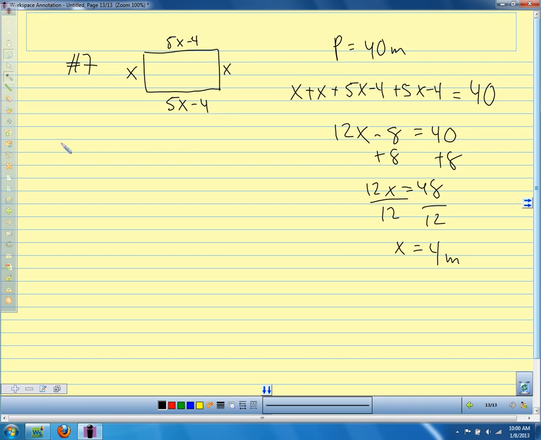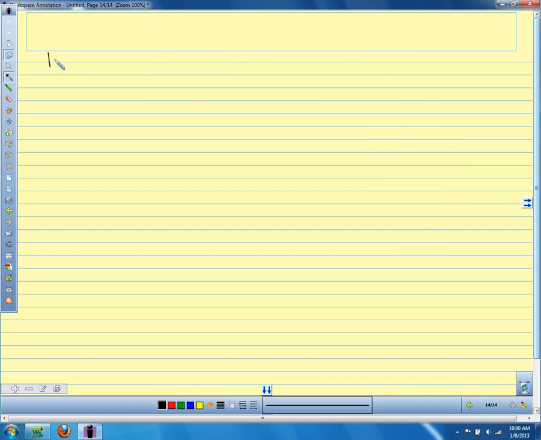All right, let's look at number 17. Number 17 gives us some points. When we have points, what we're going to do is graph those points. Your graph doesn't have to be perfect and beautiful. Just sketch a quick graph. And we're going to plot the points.